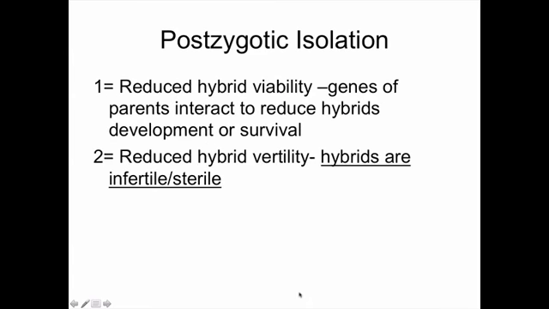All right, last thing is postzygotic isolation. So everything we've talked about up to this point has been pre-zygotic, something that prevents them from mating before the zygote can even be formed. Here is post-zygotic isolation. So post means after. So there are some species that can mate and produce babies, but their babies can't have babies, or their babies are very sickly and they die very young.